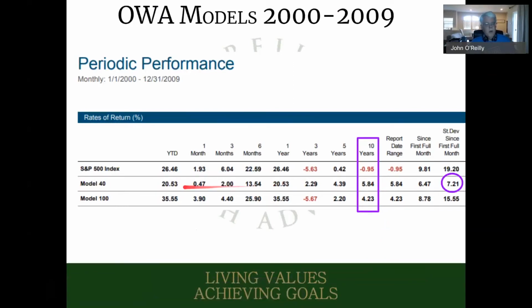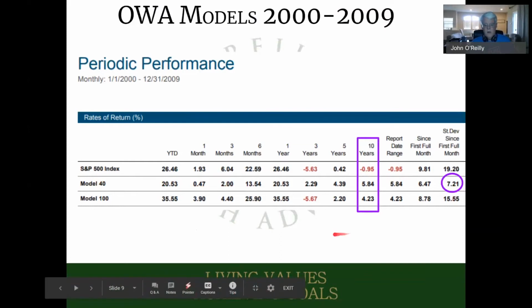But note here that the Model 40, which is the 60% bond portfolio, has a standard deviation of only 7.2%. So that's really awesome because that means it was not only the best return, but it also did it with less variability, which we all like.